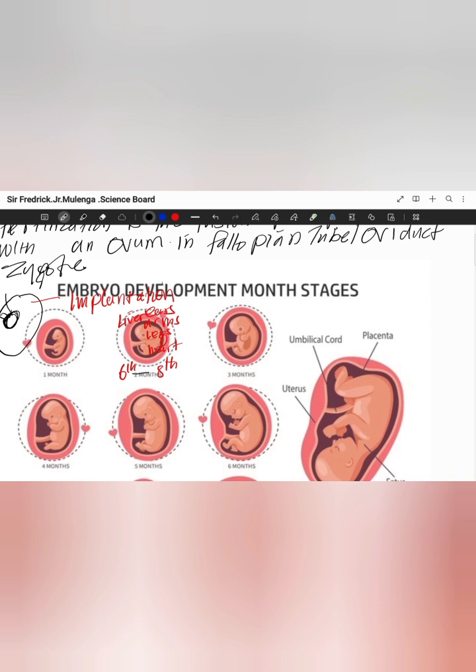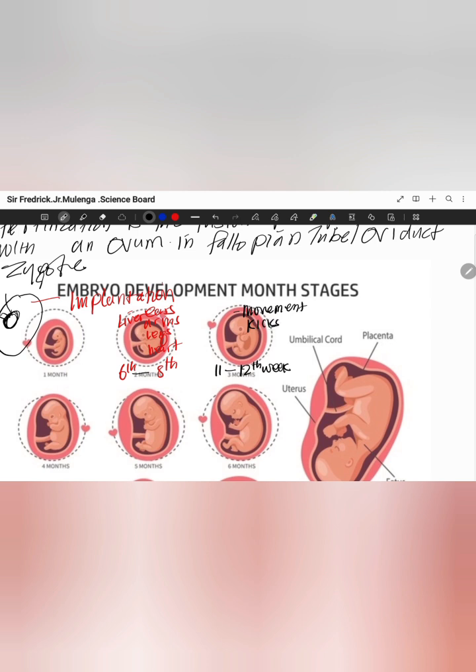Then we move on to the 3rd month. In weeks, this might be the 11th to 12th week. What are some of the noticeable developments that you could detect in the 3rd month? You could see the fetus start to move. There is some movement recorded here, because it might start moving its limbs, kicking.